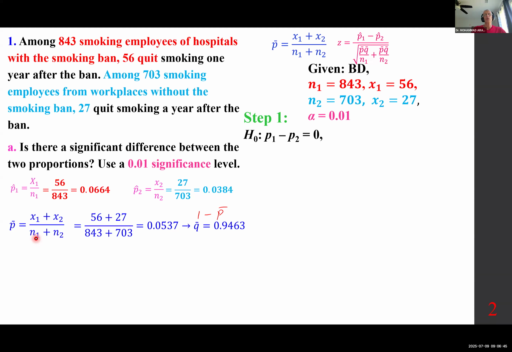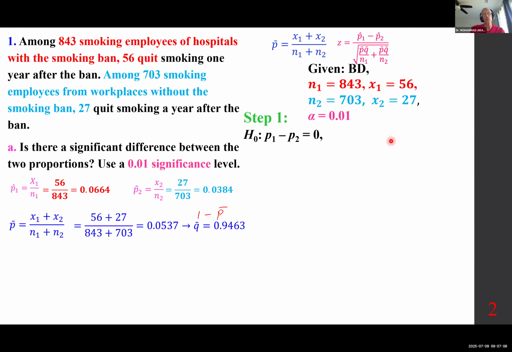The first step, we have to write H0 and H1. H0 is P1 minus P2 equals 0 because we have two groups. Proportion number 1 minus proportion number 2 for the second group is equal to 0. We go with the equality. Now over here, we write the same thing, either less than, greater than, or not equal.